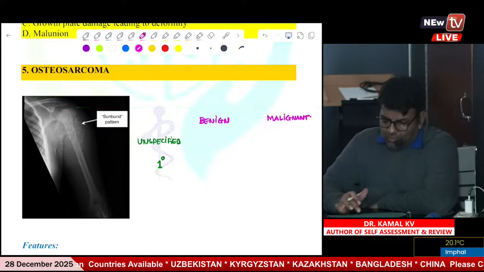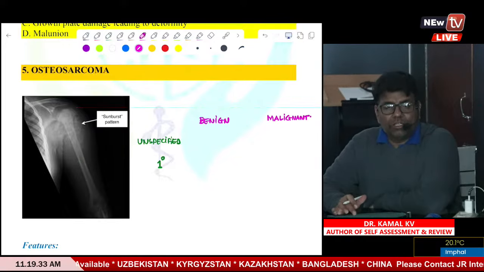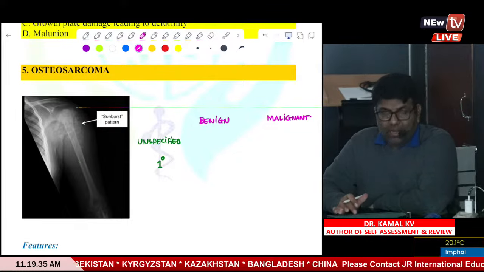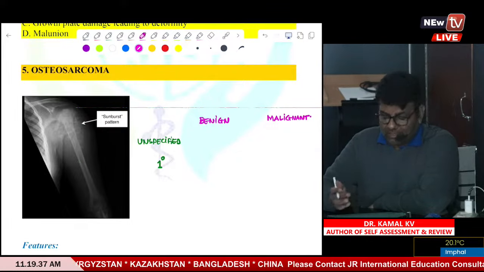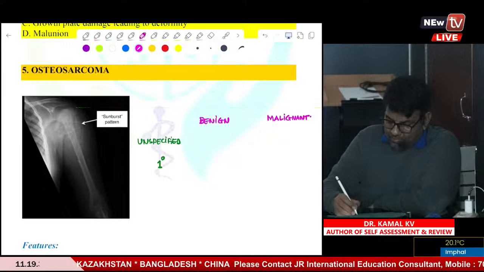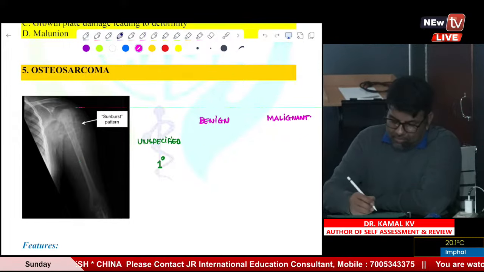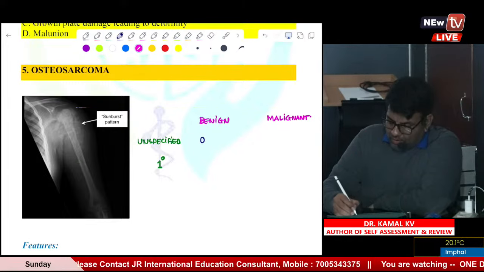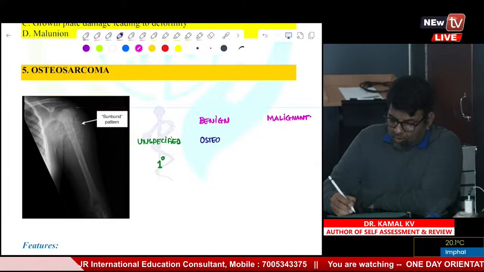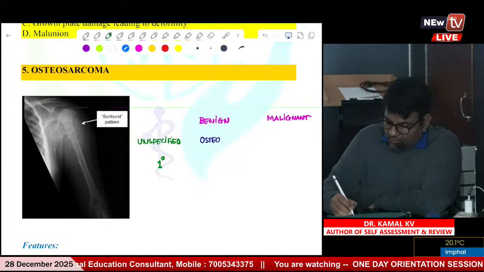Now if I ask you, which is the most common benign tumor of bone, the answer will be osteochondroma. What is this?